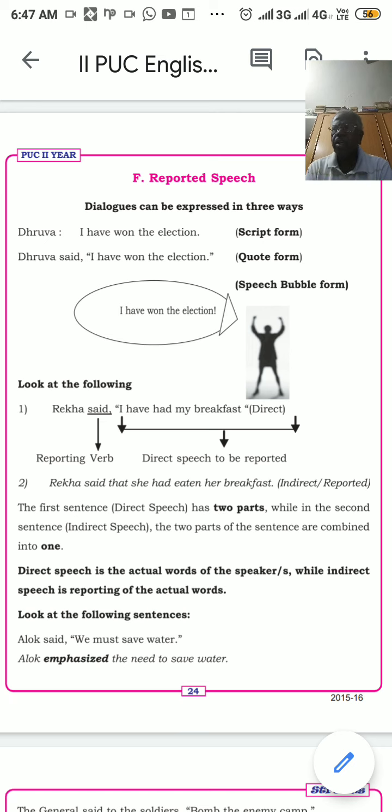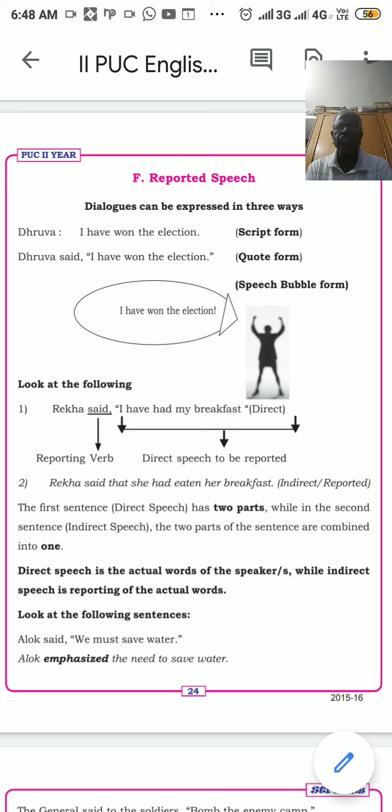For example, now. If the word now is there in direct speech, in indirect speech, reported speech, it becomes then. Now means near, then means far away. Ago becomes before. Thus becomes so. I hope you are taking down all these.